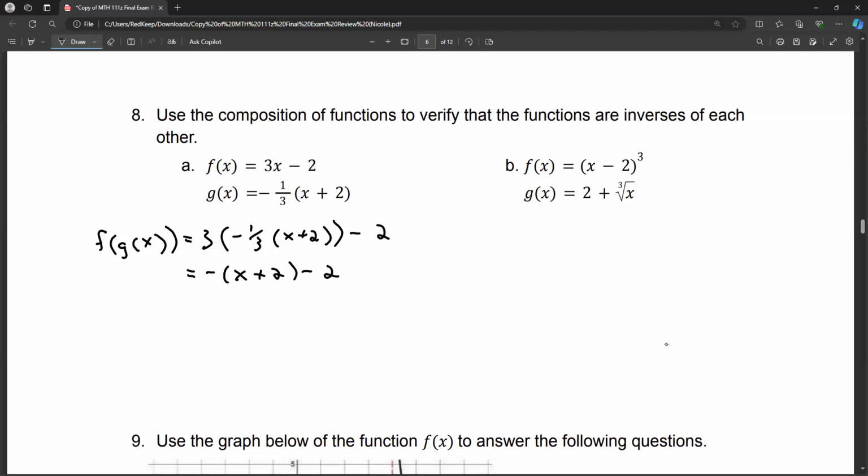So here, distributing the negative 1 into my parentheses, I would find that I'd have negative x minus 2 minus 2. Of course, we see this to be negative x minus 4, which of course we want to equal x. It does not. Therefore, we observed already in part A, f and g are not inverses.